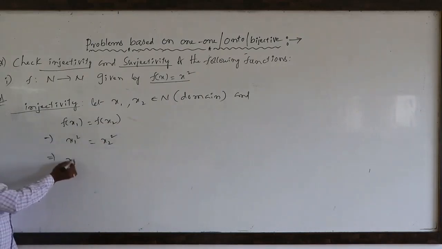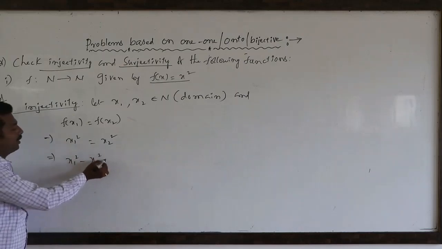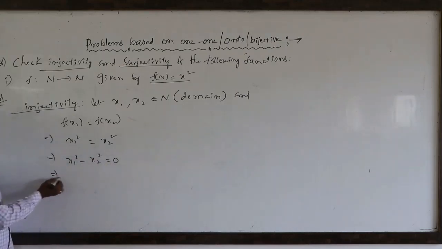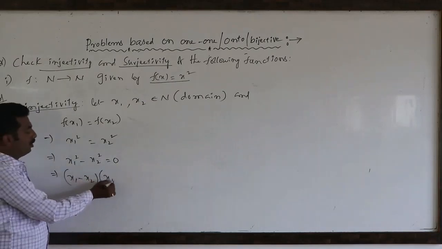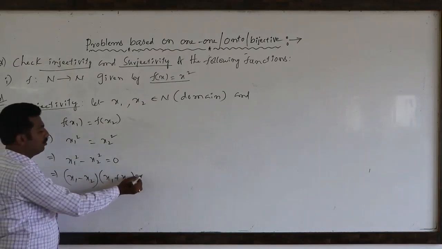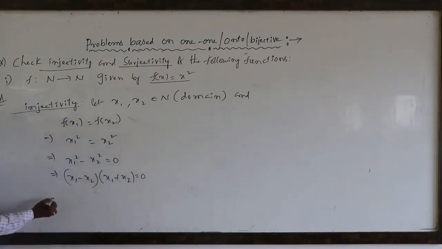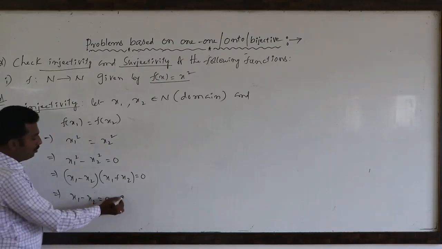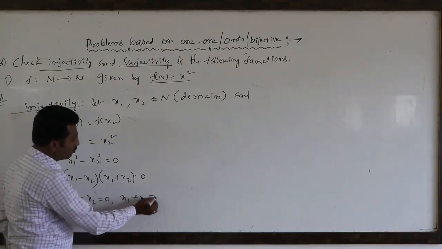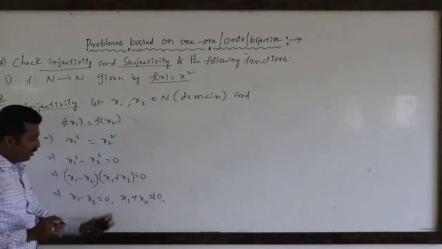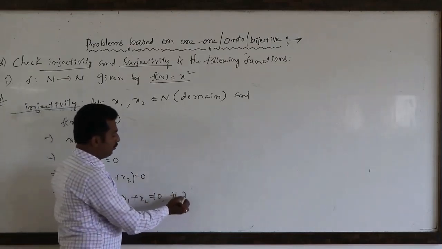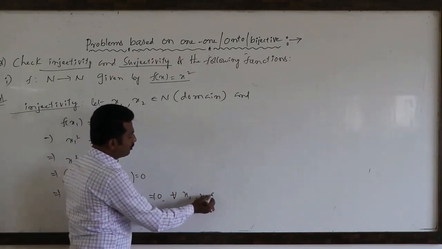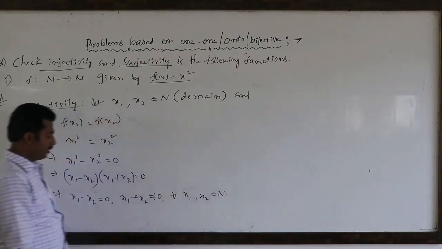From this, x1 square minus x2 square equal to 0. From this, (x1 minus x2) into (x1 plus x2) equal to 0. So from this, x1 minus x2 equal to 0, but x1 plus x2 cannot be 0. Why? The sum of two natural numbers cannot be 0, for every x1, x2 belonging to natural numbers.